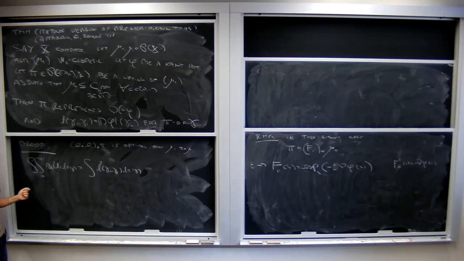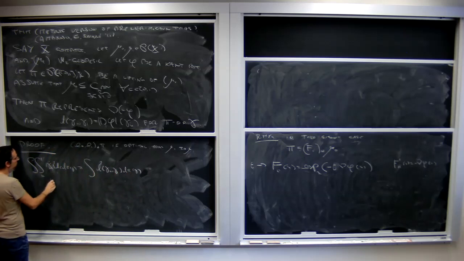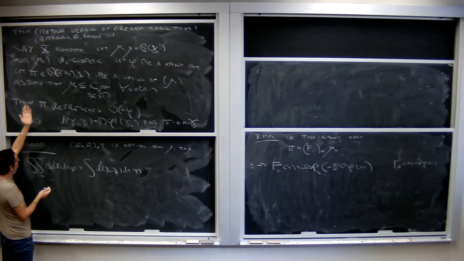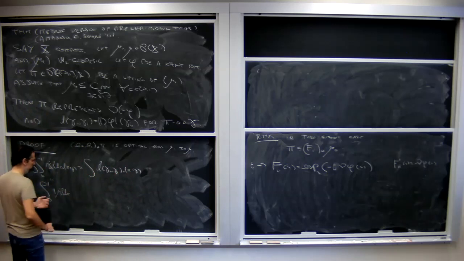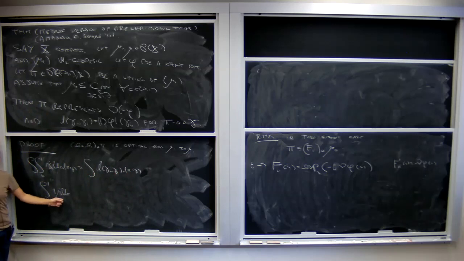On the other hand, given that pi is a lifting of this curve mu t, this is equal to the integral from 0 to 1 of the metric derivative of mu t squared dt, by the definition of lifting. But mu t was a geodesic, and geodesics have constant speed, equal to the distance between their endpoints.